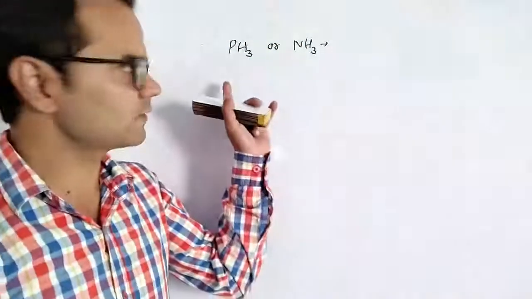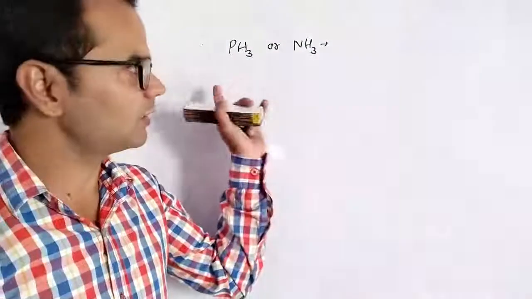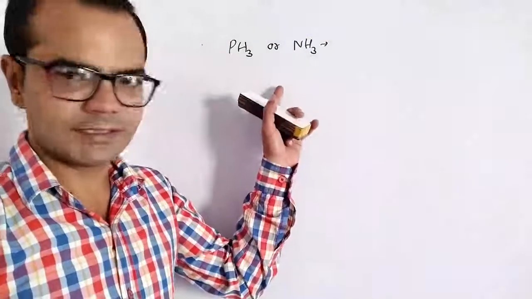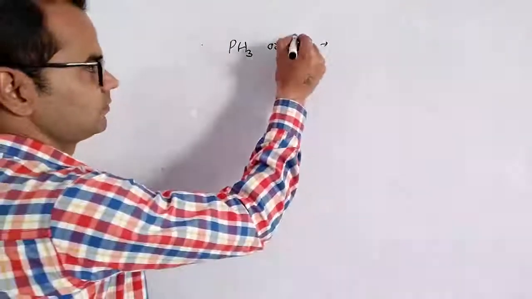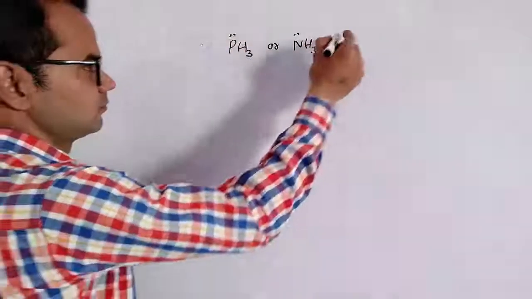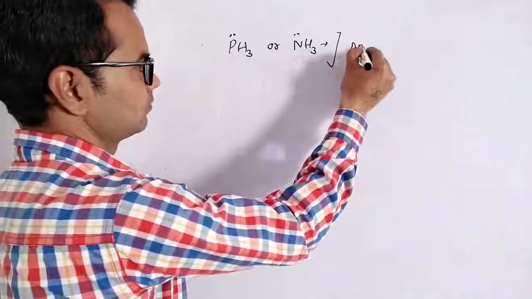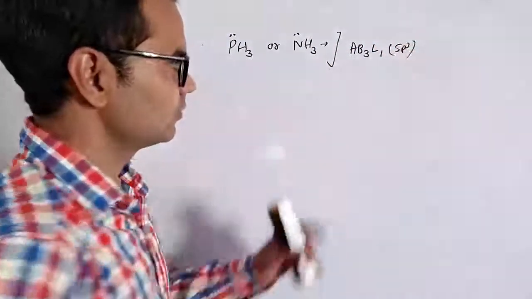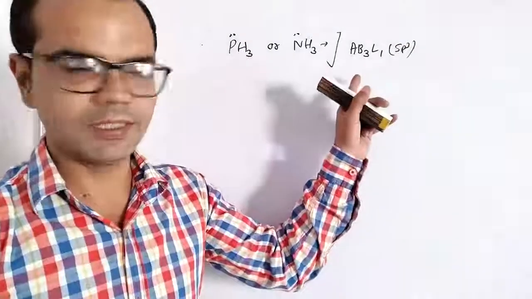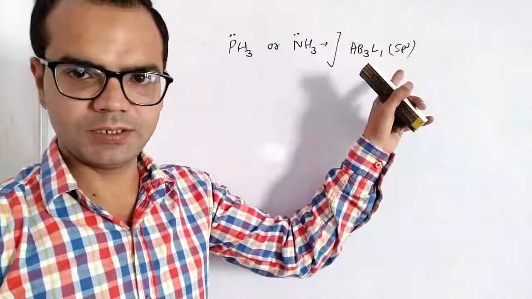Next we have phosphine and ammonia. Both have the same hybridization and the same number of lone pairs. So they are the case of AB3L1. Hybridization is sp3.